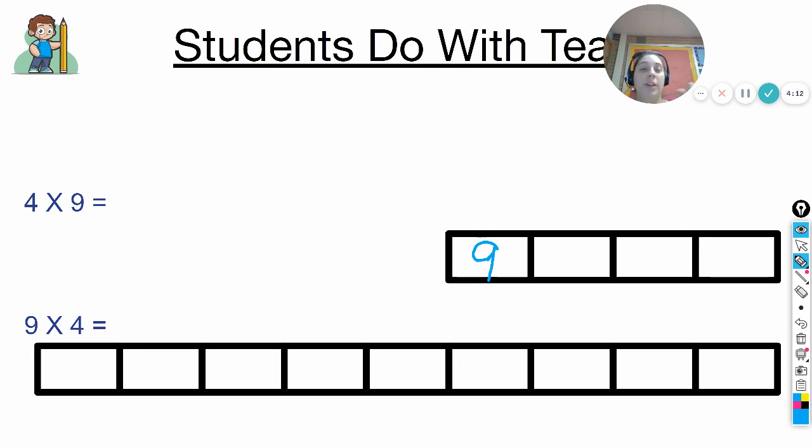Okay, so you should have written your answer on the whiteboard. So let's see if your answers match mine. Now we're counting by 9s, which we might not be that great at yet because we're just learning how to do it. So I might still be using my fingers to help me skip count.